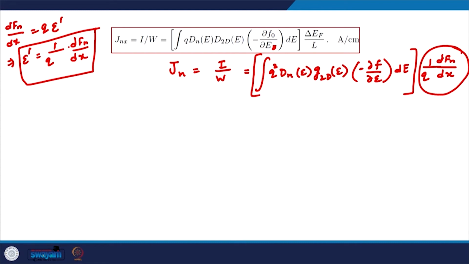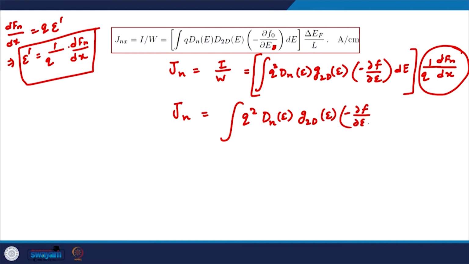So Jn can be written as the integral of q square dn G2D(E) minus del F by del E into dE times the electric field.